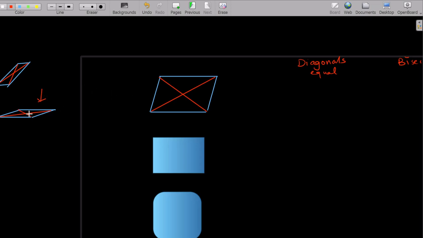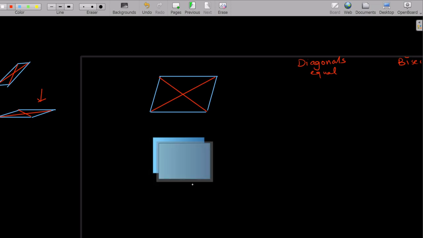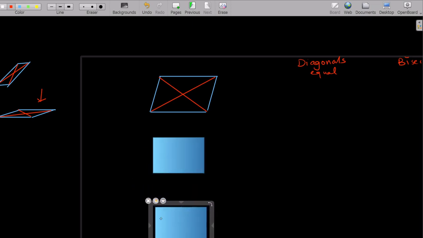The red colored lines, the two lines. Is it equal? What do you think? The red colored lines, do they look equal? In this one.